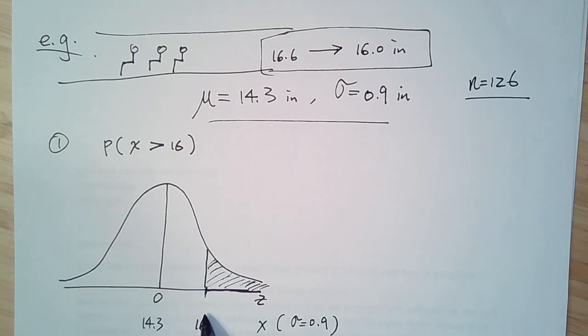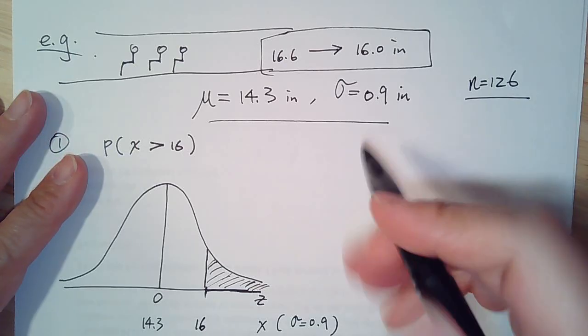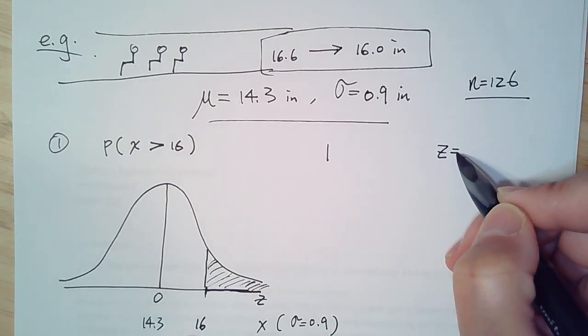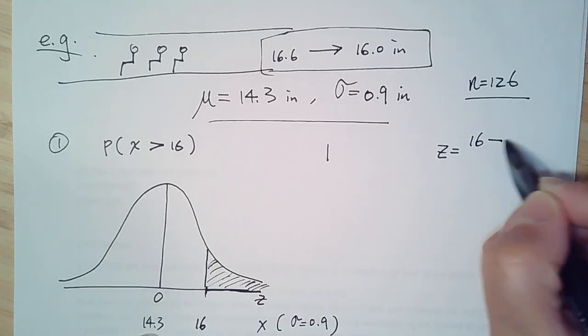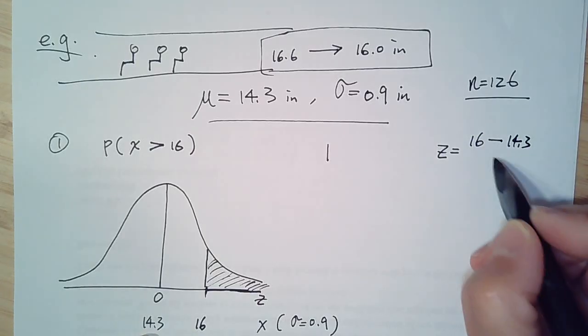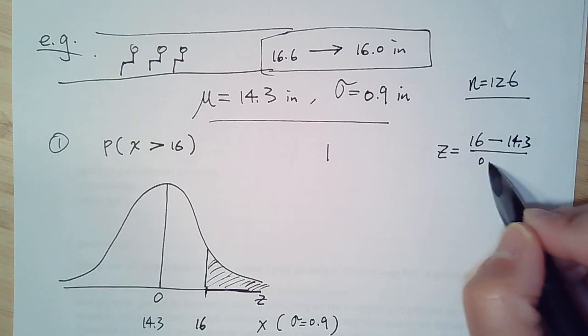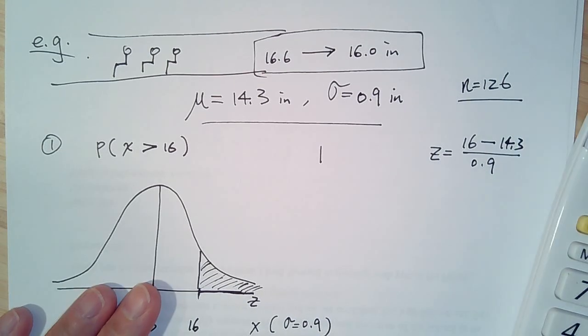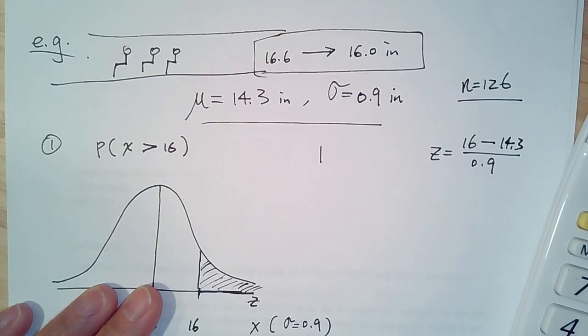So do you notice there's something missing? We need to find the z-score for that. So the z-score will be 16 minus mean divided by standard deviation. Where's my calculator? Here. So I have 16 minus 14.3.